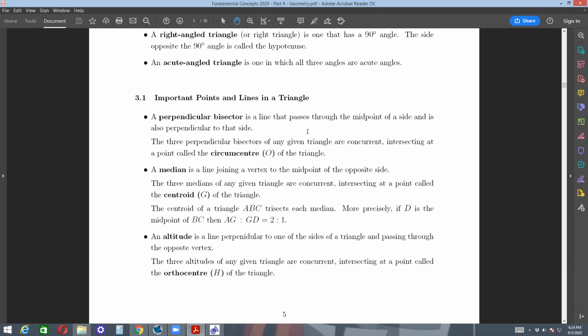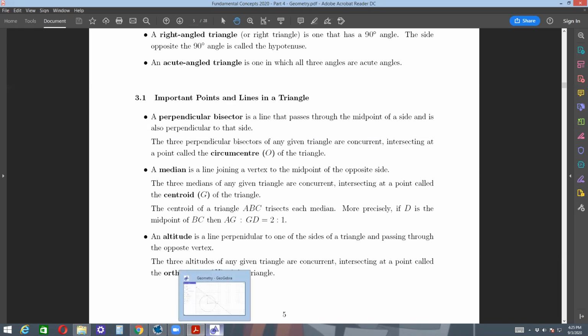Basically, it's perpendicular to the line and it bisects the line. The three perpendicular bisectors of a triangle are all concurrent, meaning they intersect at a single point. That single point is called the circumcenter, usually denoted by O. From the circumcenter, you can draw a circle passing through the three vertices of the triangle.